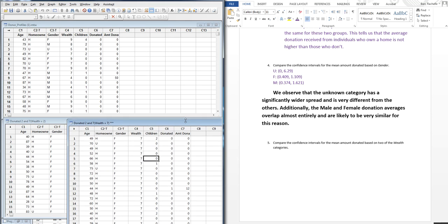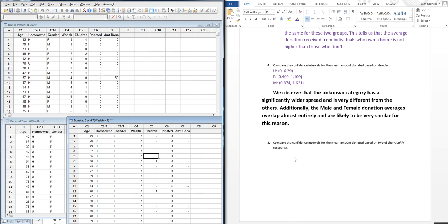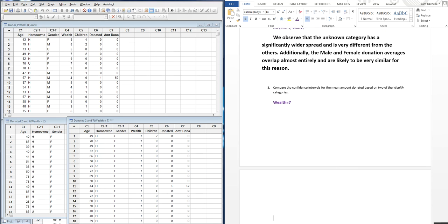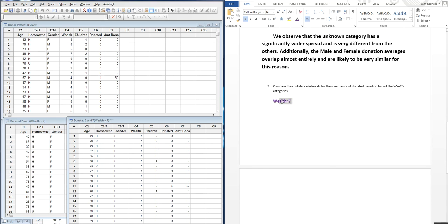I chose to do it this way. So here's my group for 7. Let's go ahead and do that. So this is going to be my wealth equals 7 category. And then I'm also going to have my wealth equals 2.